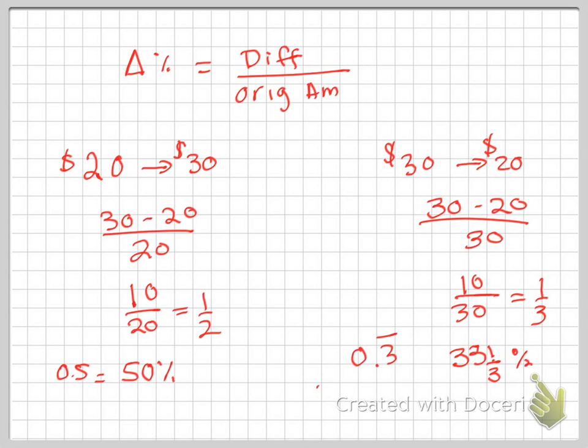Now, is this 33 1/3% an increase or a decrease? Decrease. Right, so it's a 33 1/3% decrease. And the other one is a 50% increase. Correct. You understand the idea?